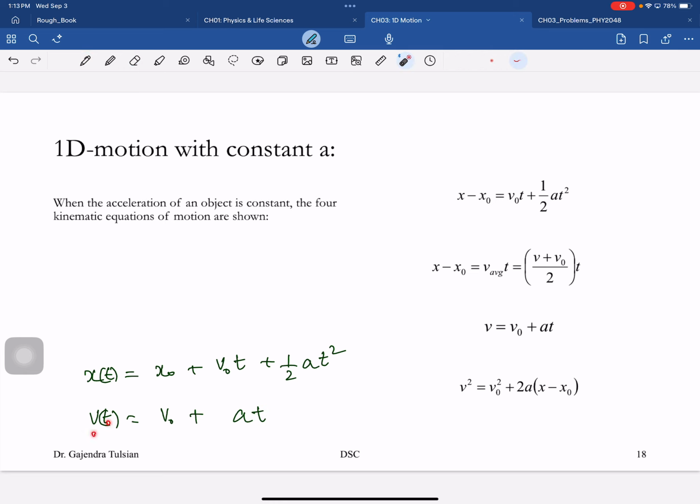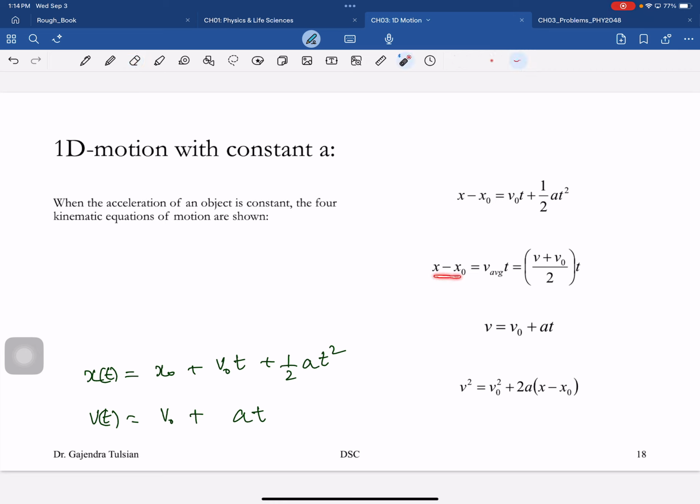So the velocity at time 0, this term would drop off, would equal v naught. This is where the object was at time 0, this was its velocity at time 0, and here's the acceleration of the object. So this gives you the position as a function of time for a motion that has constant acceleration.